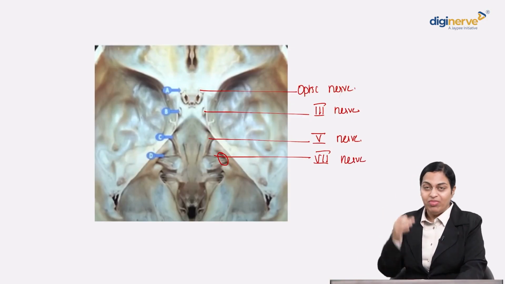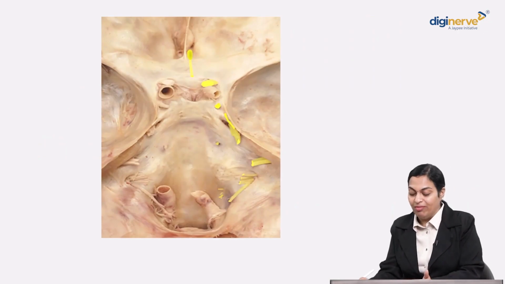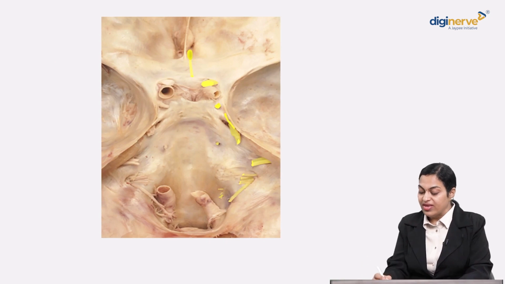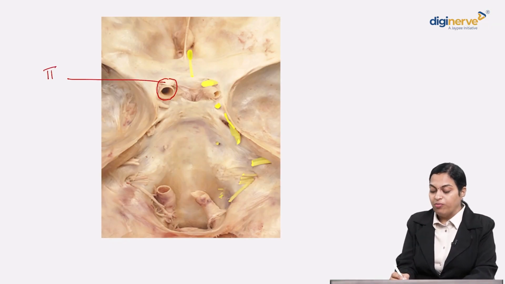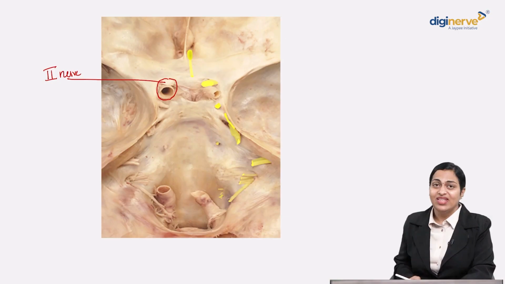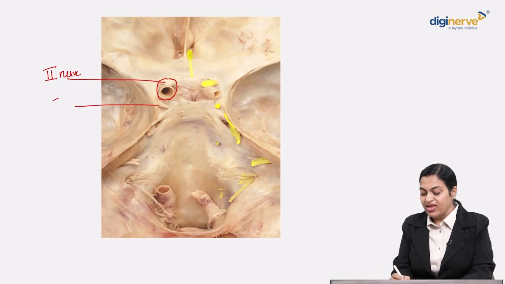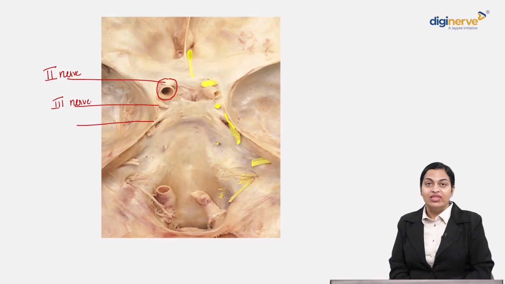If you are not happy with this image, let's move on to another image, where you will be able to identify it with much more clarity. This here is the optic canal, and the nerve that you see here is the optic nerve, the second cranial nerve. This here is the oculomotor nerve. And this one here is the thinnest of all the nerves.